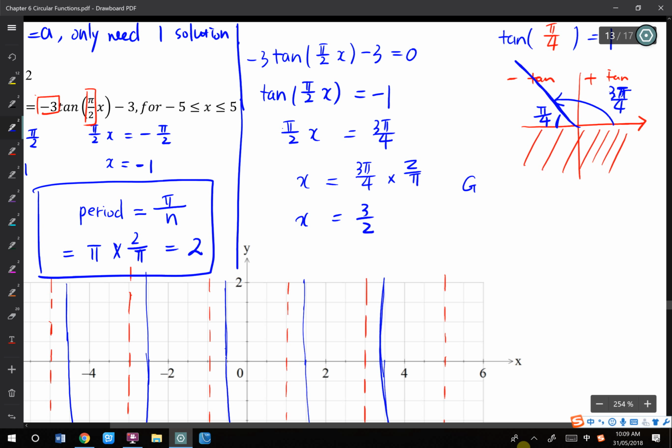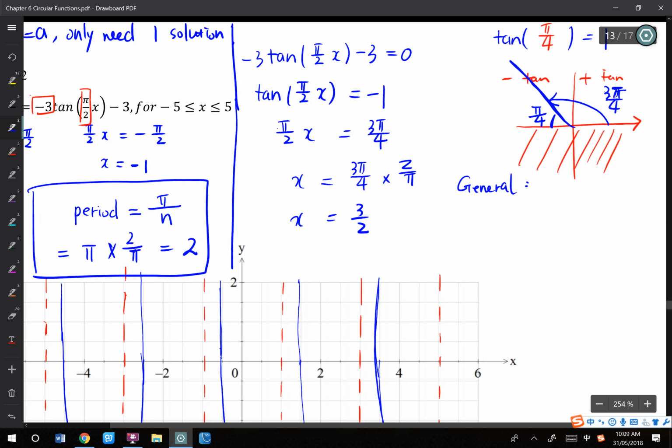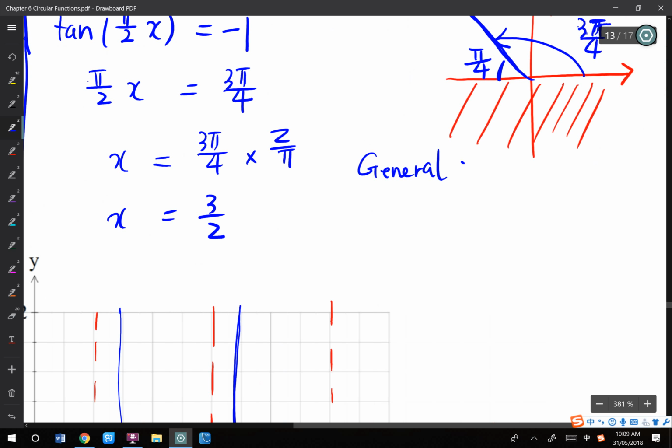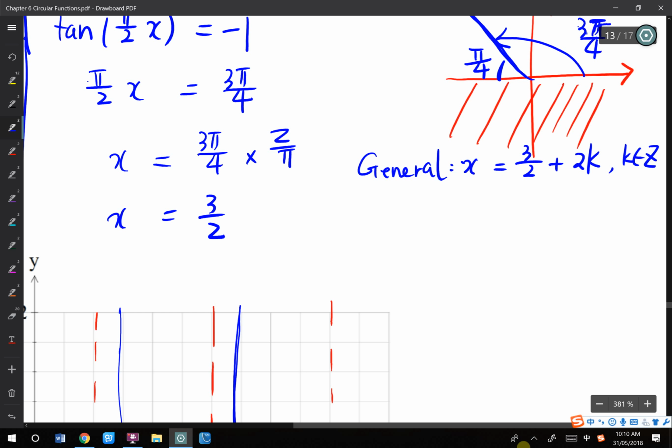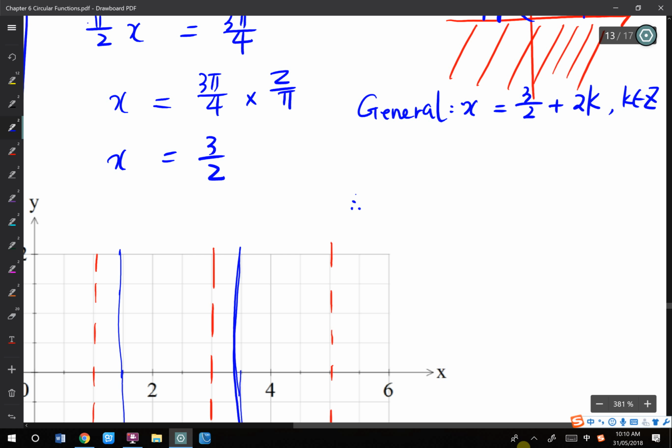So the general solution I can write is x equals 3/2 plus 2k, where k belongs to Z. That's the first solution plus period times k, where k can be 1, 2, 3, 4, 5, 0, -1, -2, -3, -4, -5, adding one or more periods. With k equals 0, my x is just 3/2.